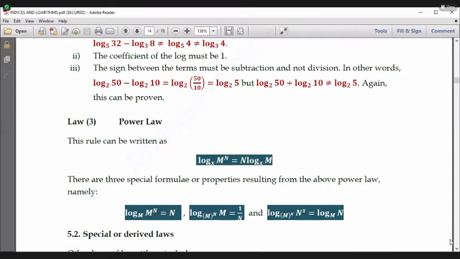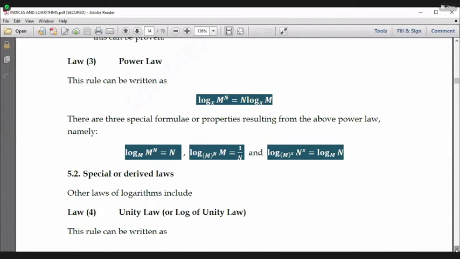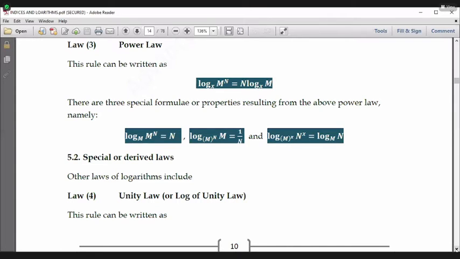The varieties that occur from that: unity law. Log of unity, unity law. Unity is the same as 1.